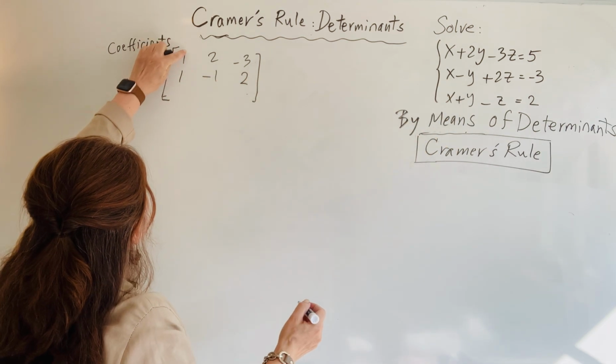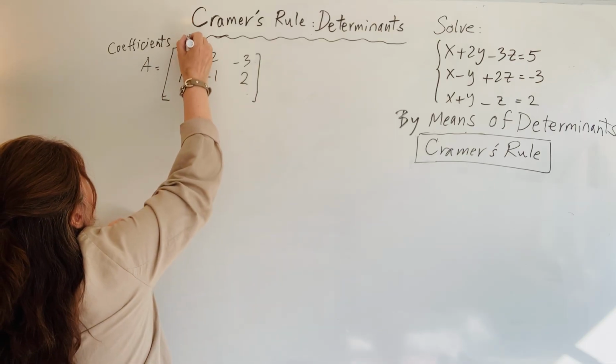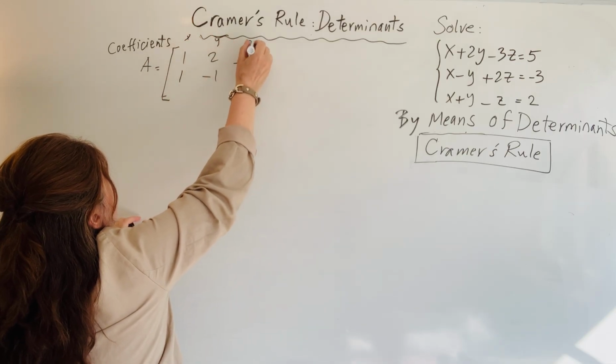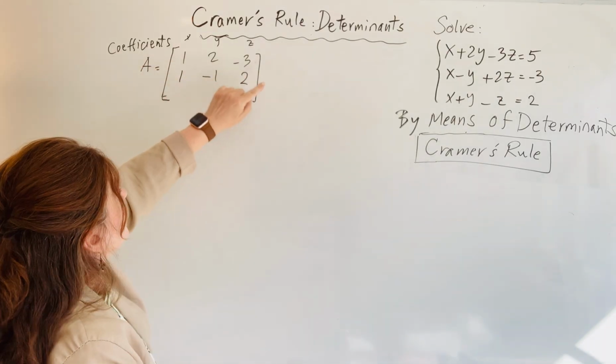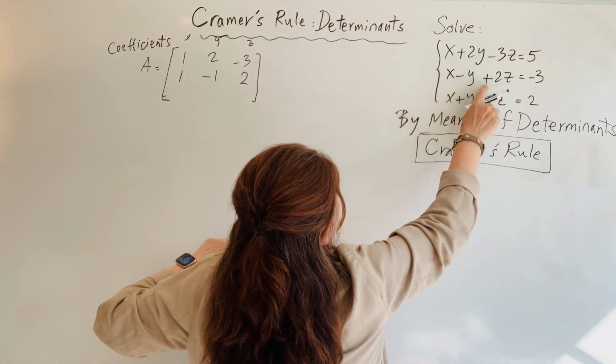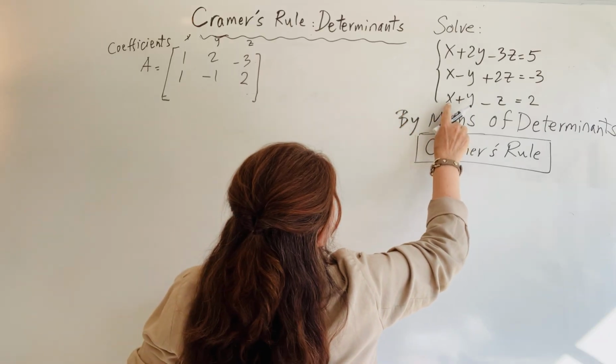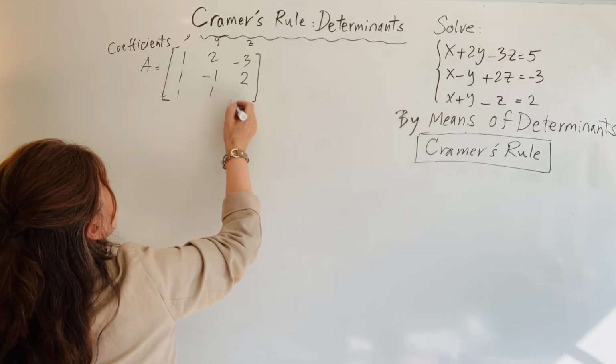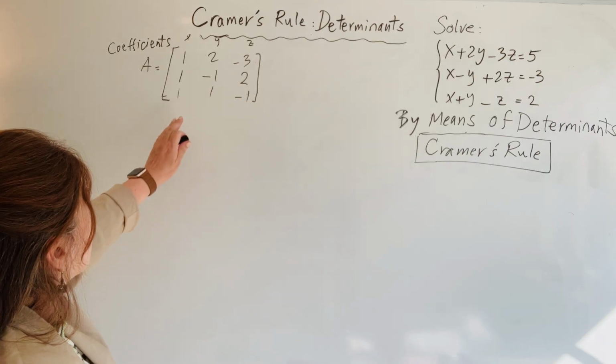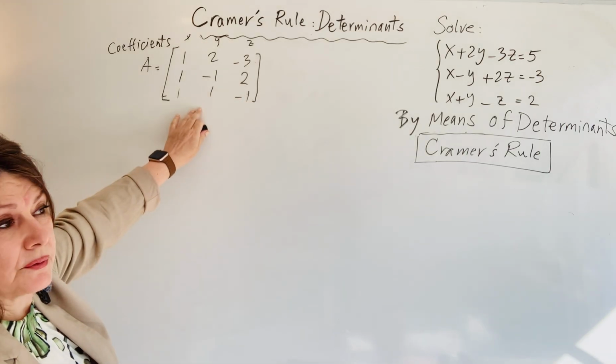We know that this column is x's, this is y's, this is z's. Everything is in order. The last row is 1, 1, negative 1.